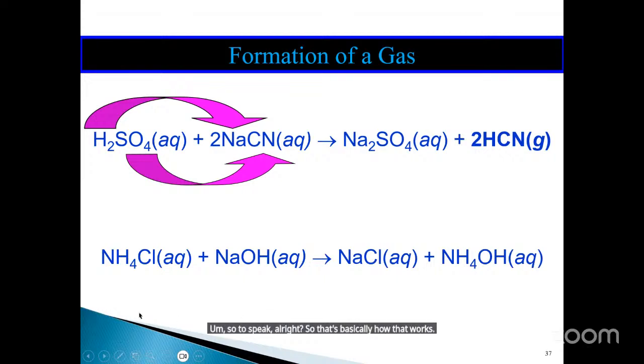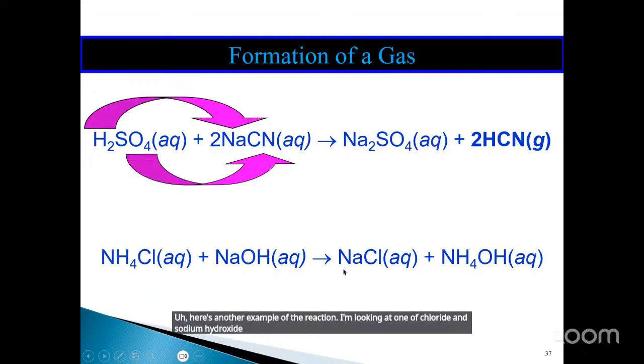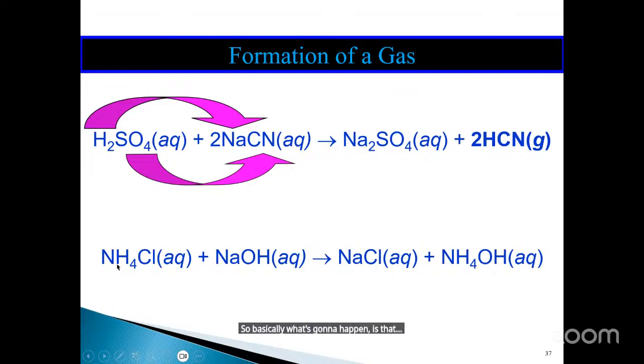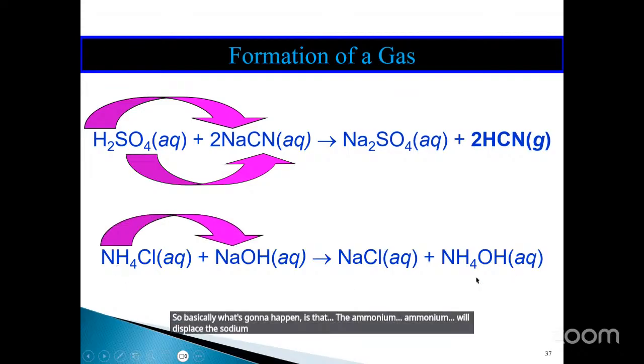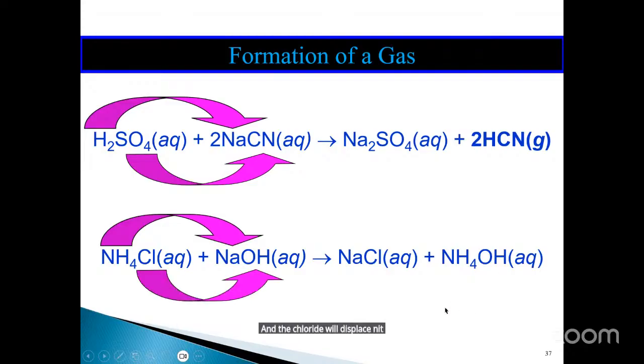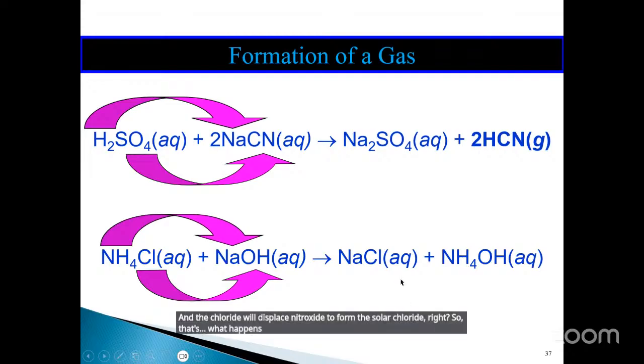Here's another example, the reaction between ammonium chloride and sodium hydroxide to form sodium chloride and ammonia. So basically what's going to happen is that the ammonium will displace the sodium to form the ammonium hydroxide, and the chloride will displace the hydroxide to form the sodium chloride. Right? So that's what happens. Now, this is not a gas, but this here will actually break down to form a gas.